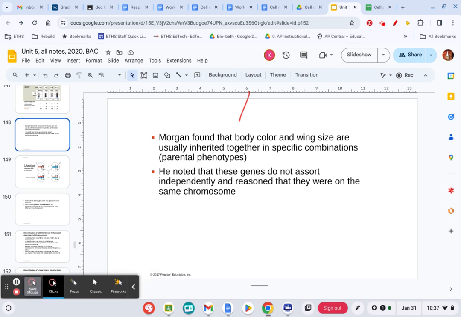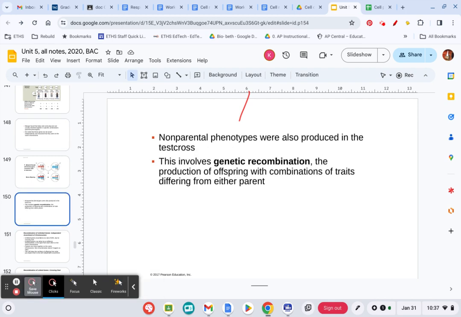Okay, so crossing over is just an example of genetic recombination. I'm not sure we've used that word when we talked about crossing over before.